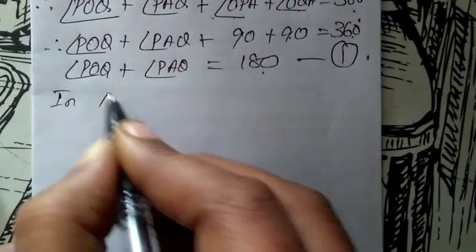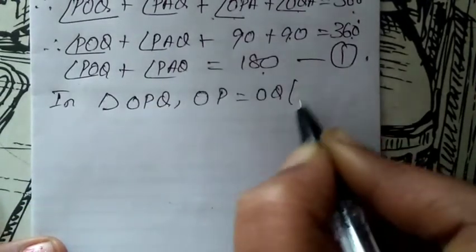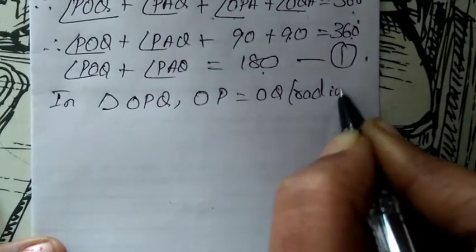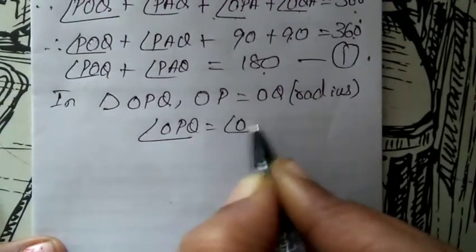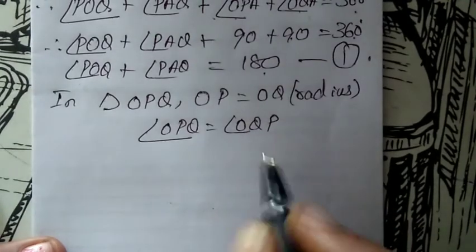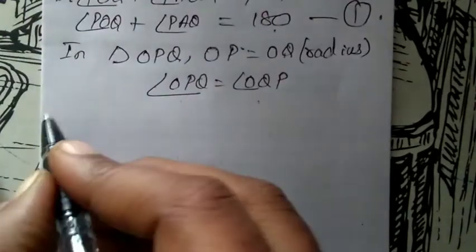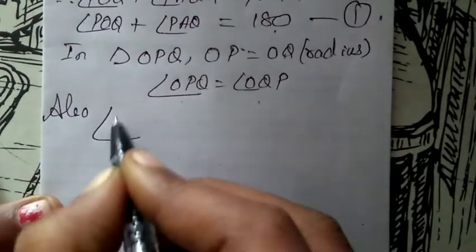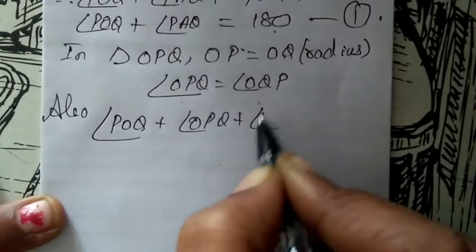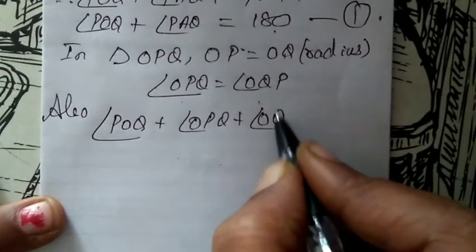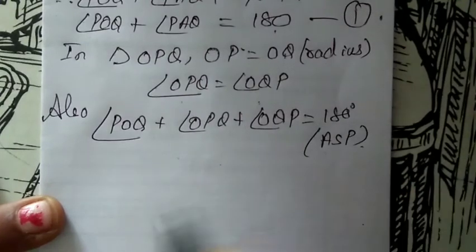Now we consider triangle OPQ, you know OP equal to OQ, radius of the circle. And angle OPQ is equal to angle OQP. Because the sides are equal, the angles opposite them are also equal. Also, angle POQ plus angle OPQ plus angle OQP is equal to 180 degree, angle sum property of the triangle.